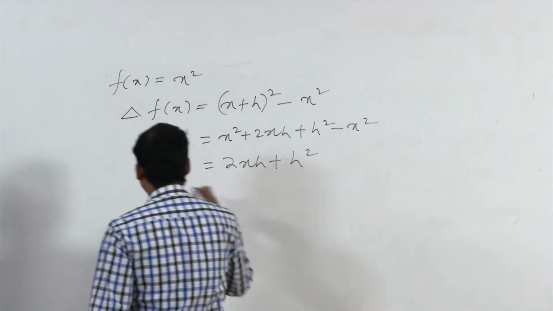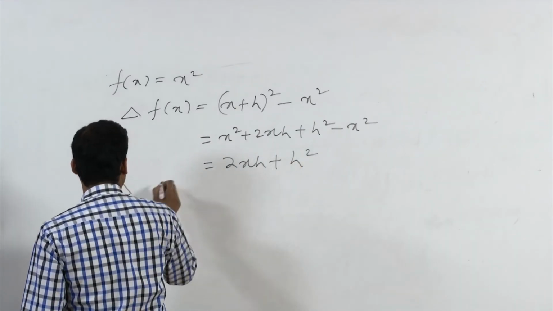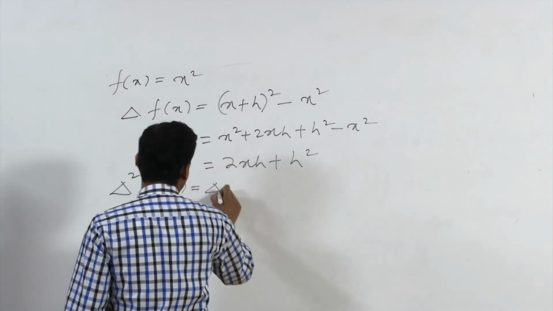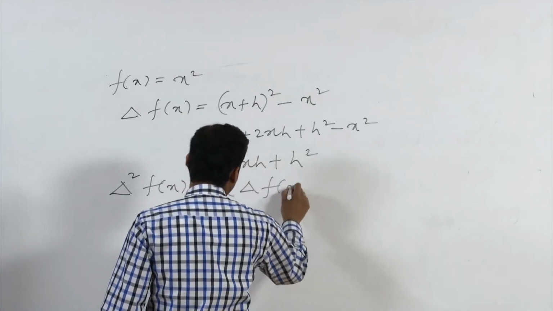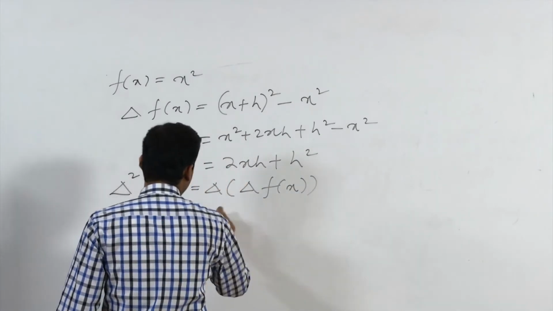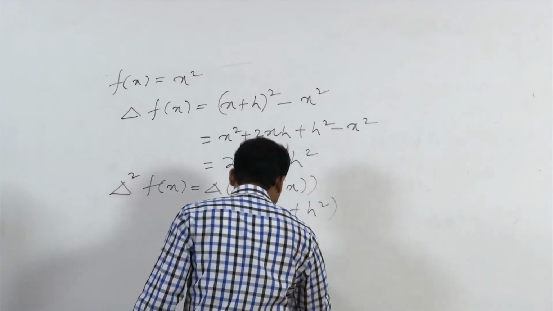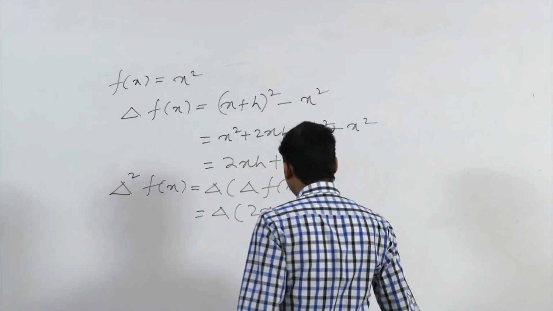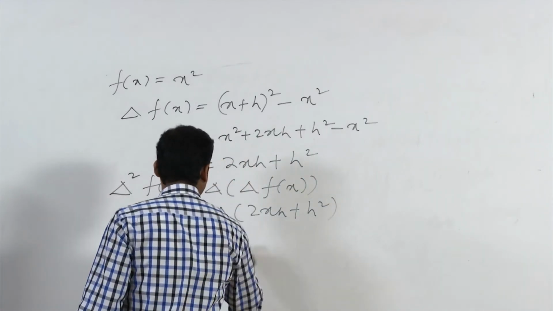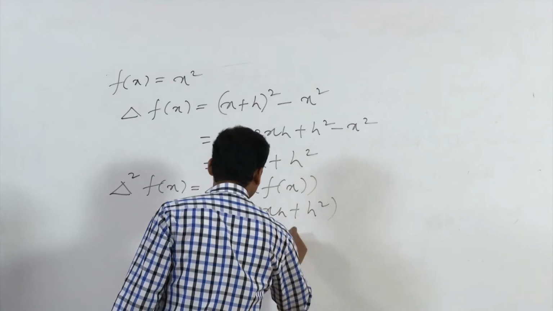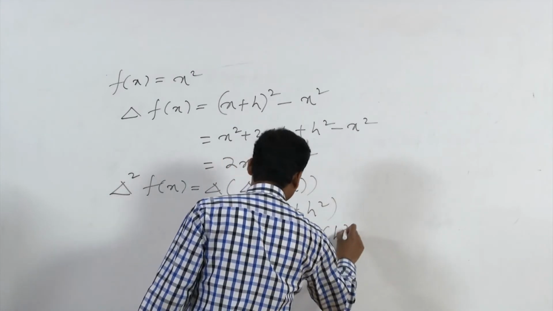Repeatedly, if I apply one more operator, delta square of f of x is delta of 2xh plus h square. Obviously, we have already defined this, so I can write it as 2h delta of x plus delta of h square.